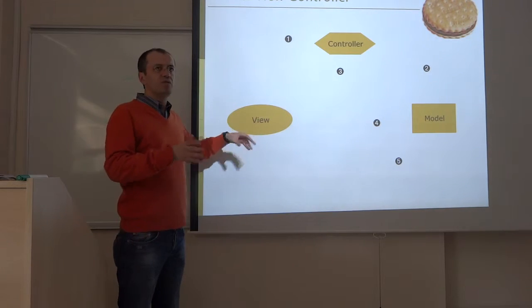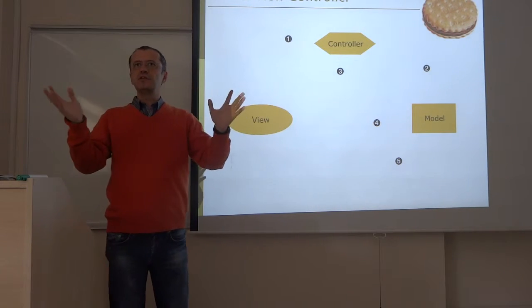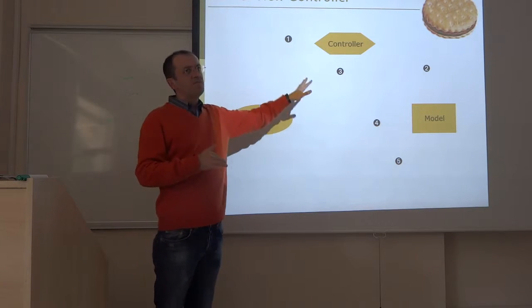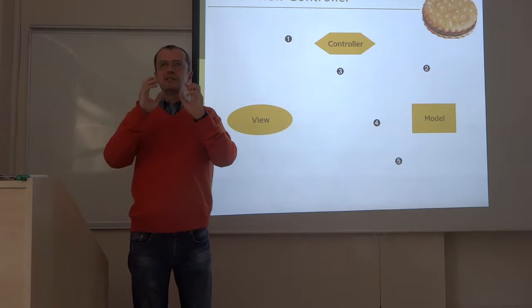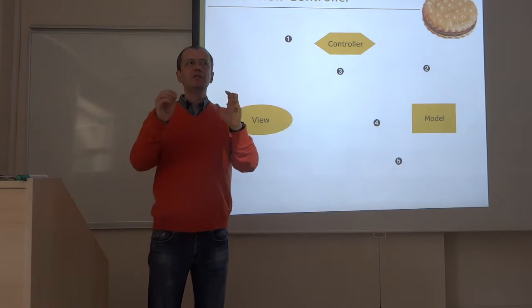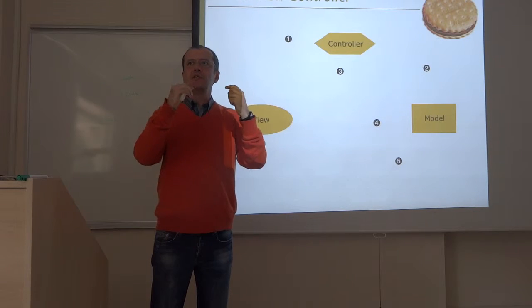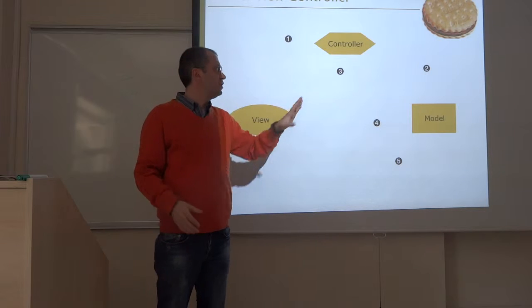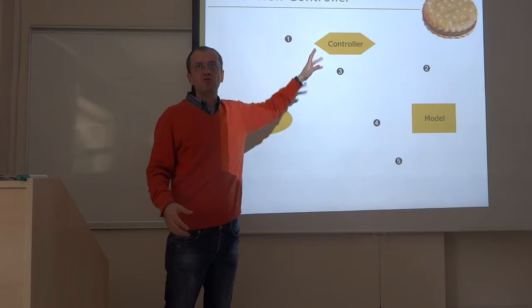The view is of course our graphical user interface, what we are seeing. And whenever something is clicked on, we have the controller that is going to be handling all the functions. I click on something, I'm sending a message, so all of them will be controlled by the controller objects.